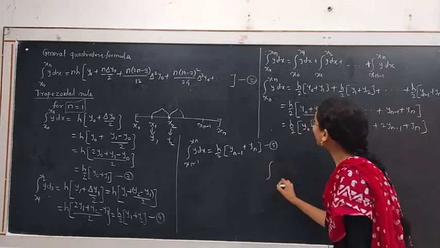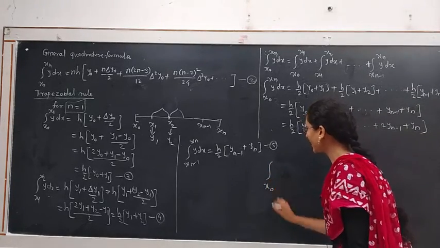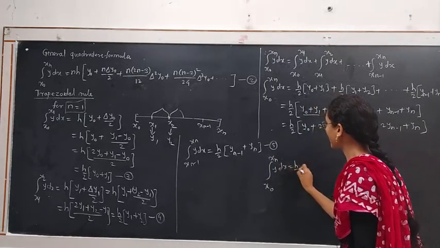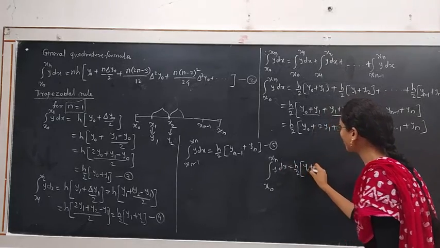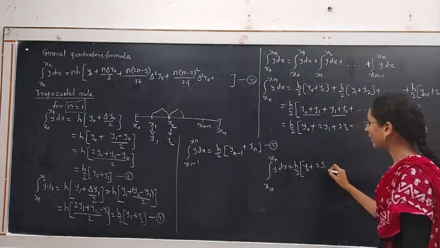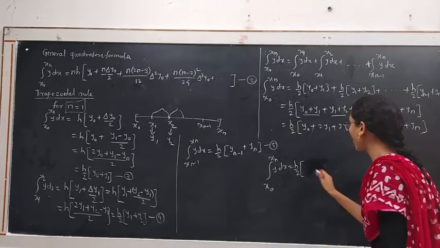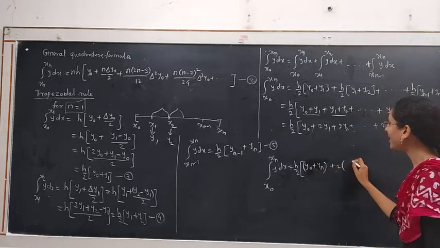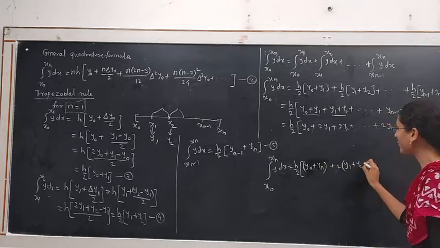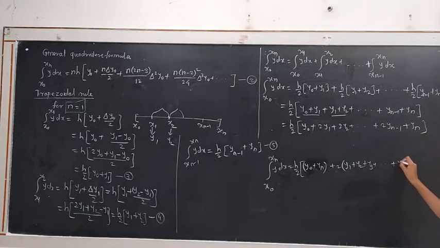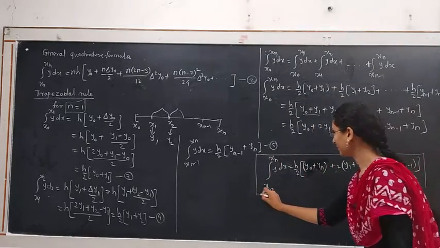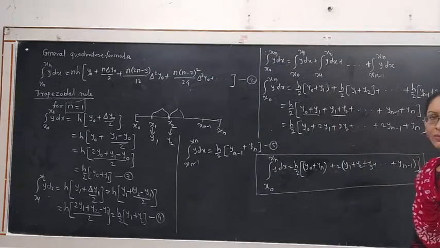Therefore, integration from x0 to xn y dx is h upon 2 into y0 plus 2y1. We can also write this as y0 plus yn plus twice the middle terms y1 plus y2 plus y3 plus up to yn minus 1. This is called the trapezoidal rule for integration.